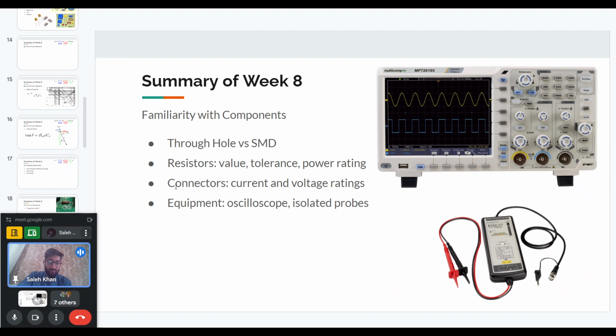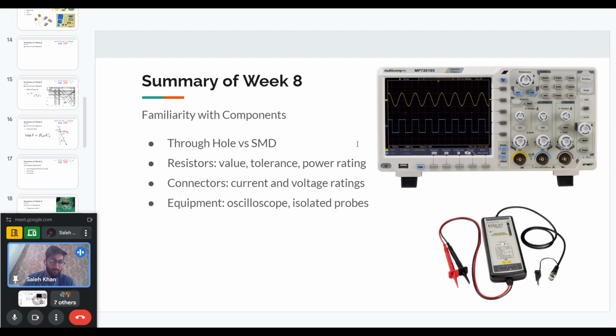Next, we will also have the connectors that we'll use to supply the voltages and take the outputs out, or connect the inductors and transformers. So you have to consider the voltage and current ratings of those connectors as well. And the main equipment that we have to use when you test your converters are the oscilloscopes and isolated probes. Oscilloscopes are very important for testing your components and converters.